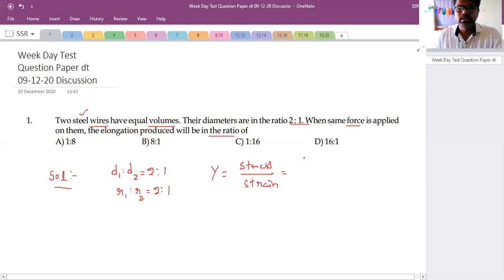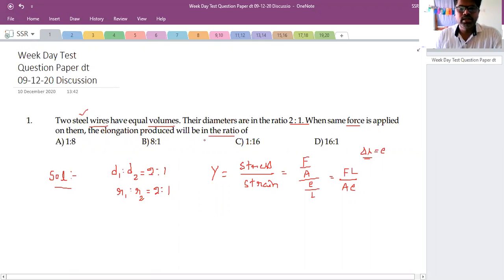Stress is F by A, divided by strain, which is elongation, the increase in length delta L, taken as E, by L, the total length. You can write Y is equal to F into L by A into E, where E is the elongation, delta L.